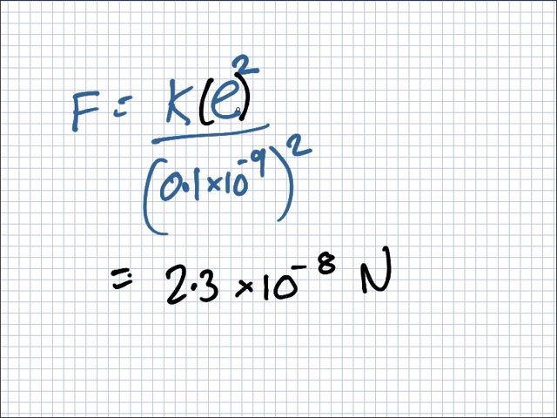Oh, what's wrong, Gav? Is that K is 8.99 and 10 to the power of 9? Maybe you need a bracket in front. No, you know what the problem is? You're using your phone.